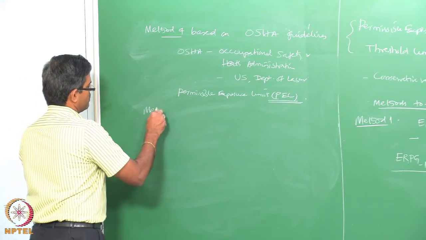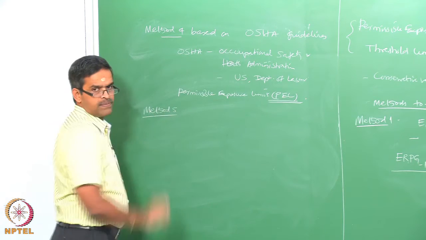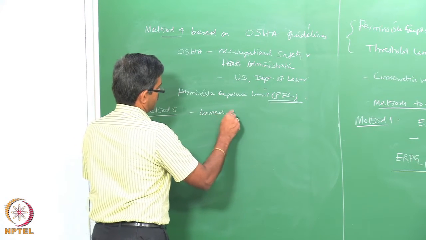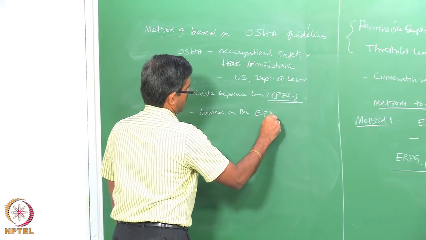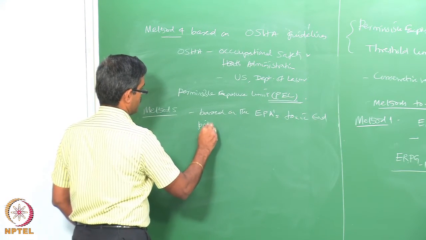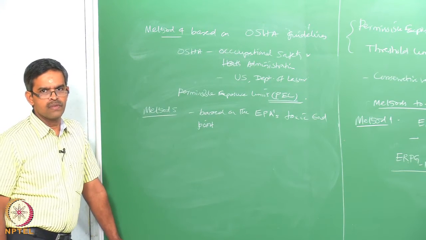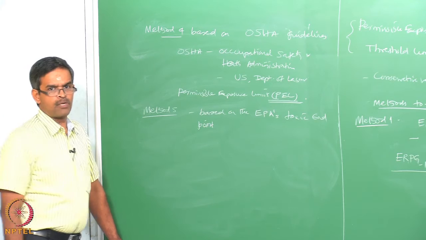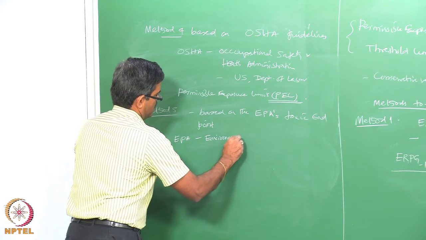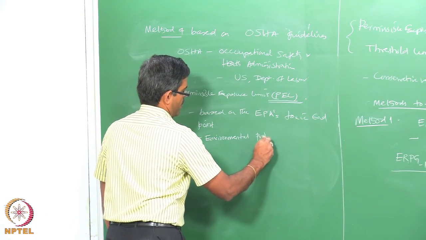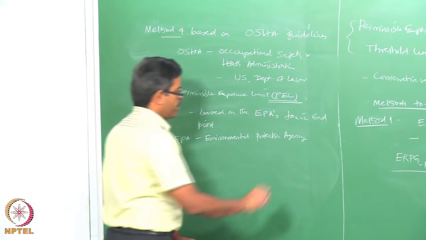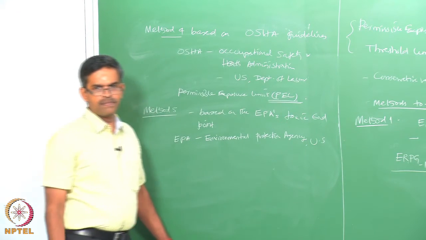The fifth method is based on the EPA's toxic endpoint. EPA stands for Environmental Protection Agency, which is again in the United States.